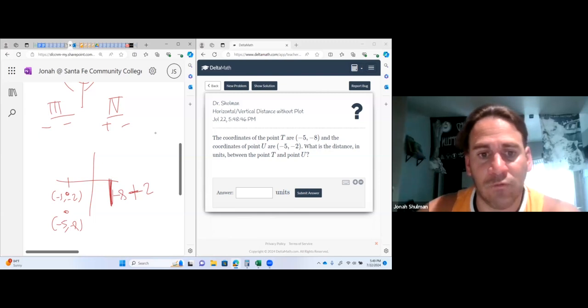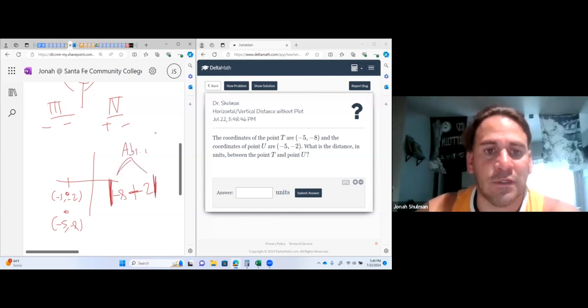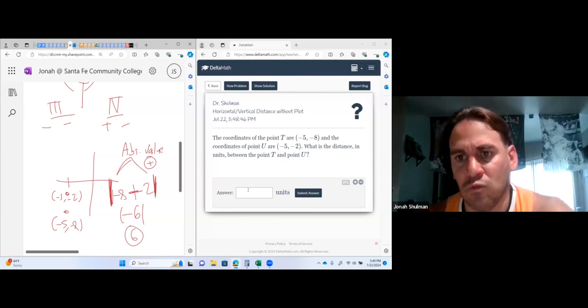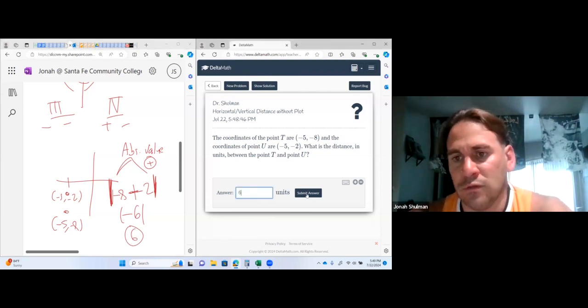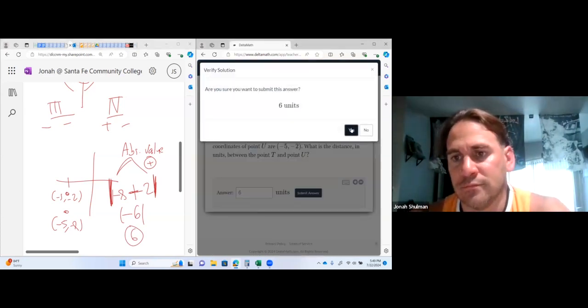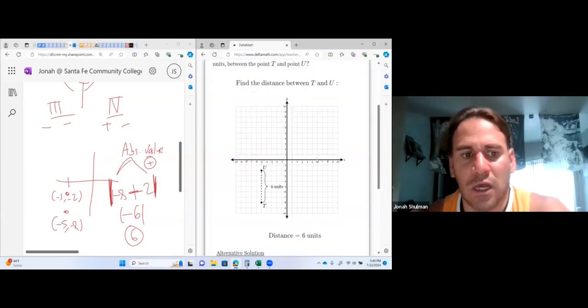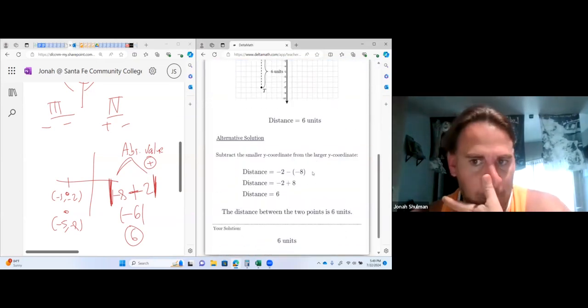And I need these absolute value bars because whatever it is, it's going to be positive because distance has to be positive. So it's -6. So it's a positive 6 units. It should be a 6-unit walk from 2 to 8. See if I was right. Ta-da! Cool.